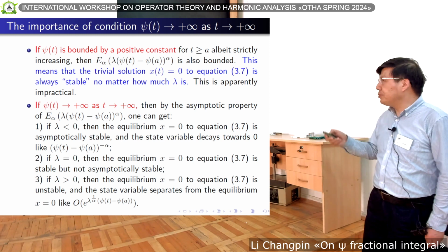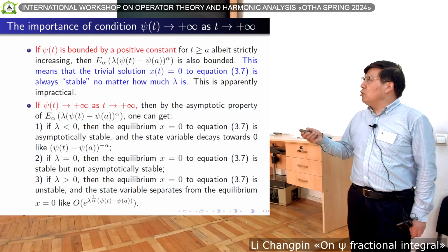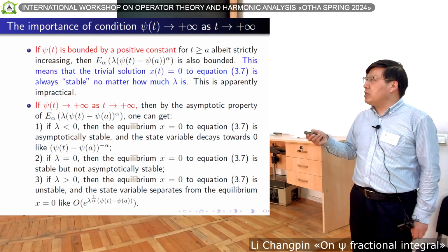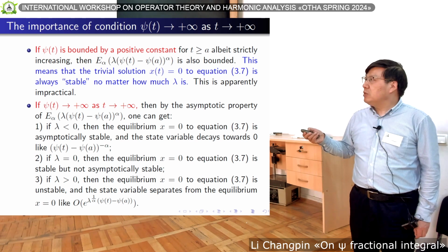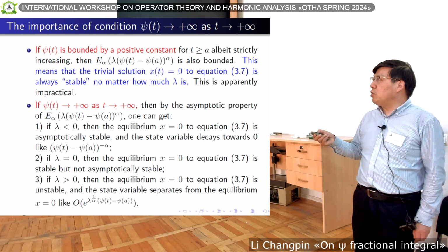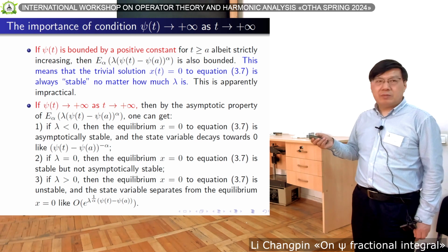If lambda is 0, then the equilibrium is stable, but not asymptotically stable. If lambda is positive, then the equilibrium is unstable, and it separates like this.